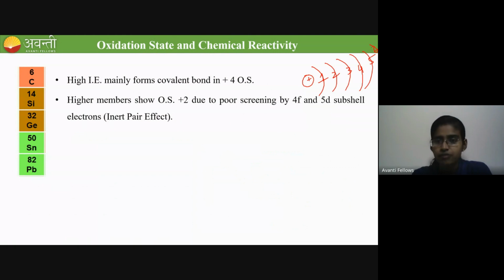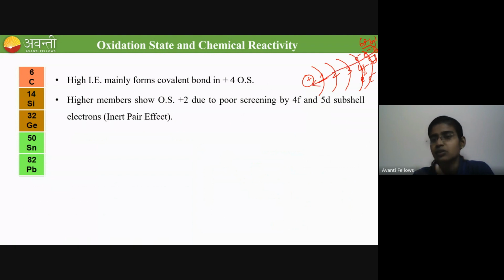In the fifth shell, we have 5d electrons, and in the fourth shell we have 4f electrons. The electrons present in 4f and 5d will not shield properly. So the electrons in 6s2 and 6p1, mainly the s electrons in the sixth shell, because of the poor shielding of 4f and 5d, get attracted towards the nucleus.